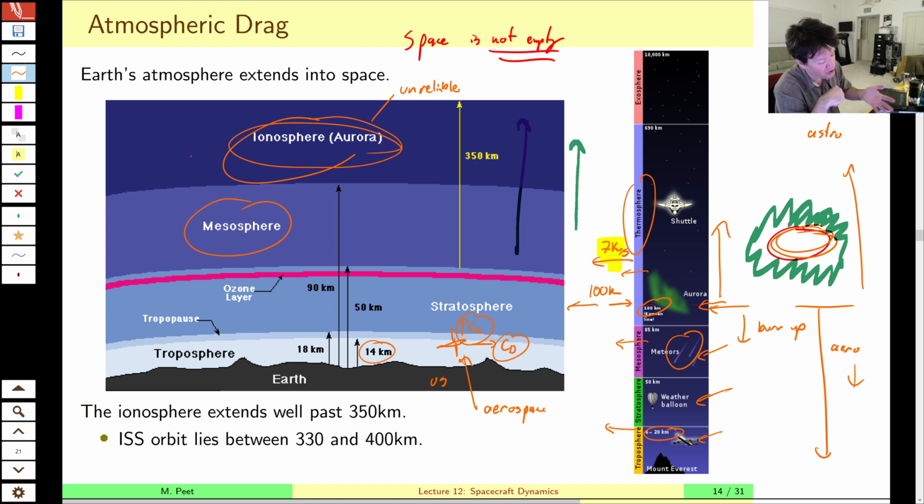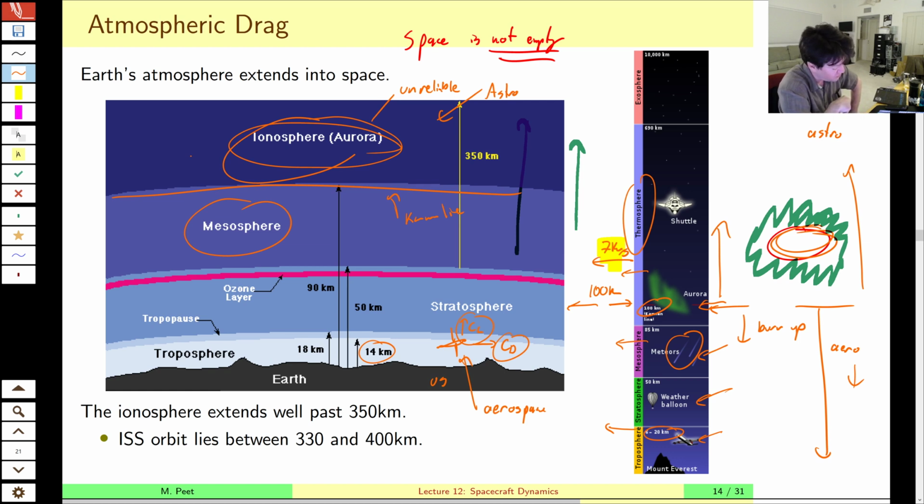There are models of the ionosphere that change with time. The mesosphere is pretty well behaved, but the ionosphere starts causing lots of problems. And here's our Kármán line, actually. Actually, that's 90 kilometers. Here's where things get dodgy, and this is also our astrospace. The ionosphere keeps going.